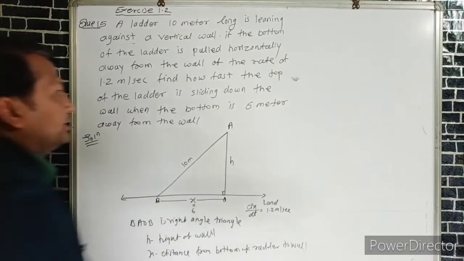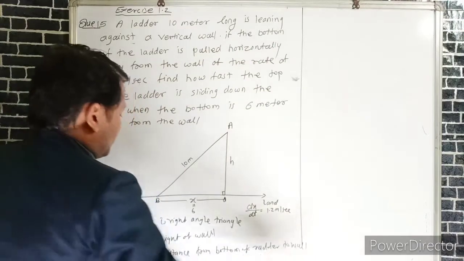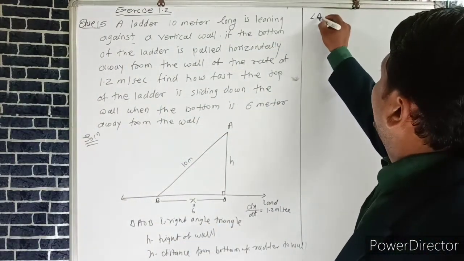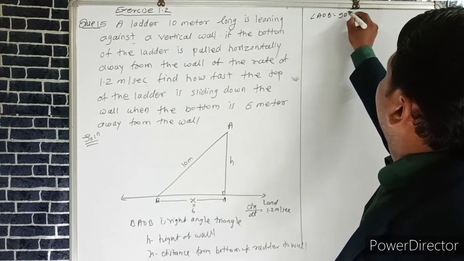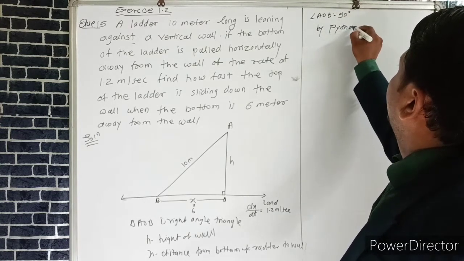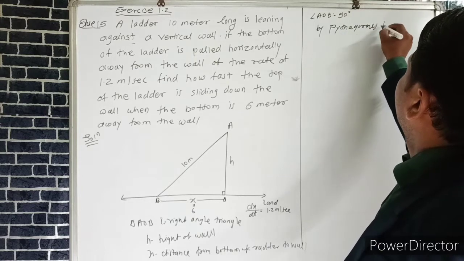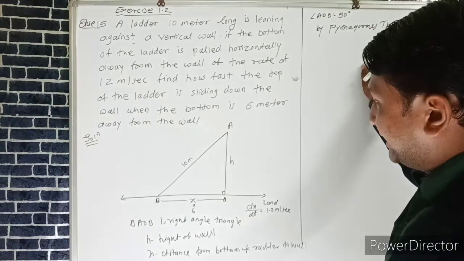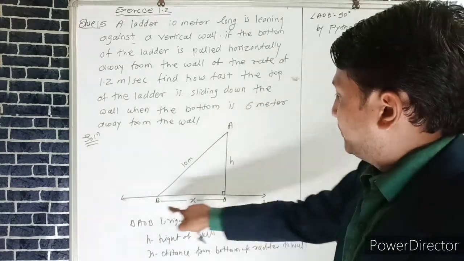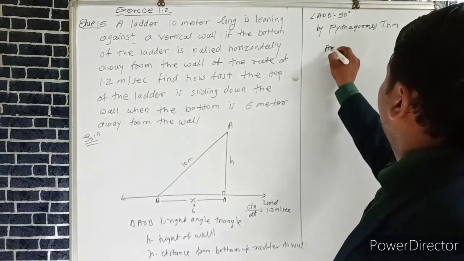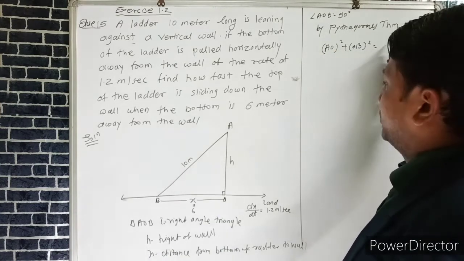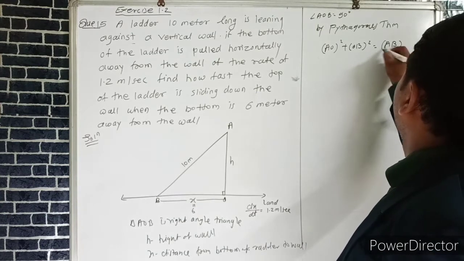Again, in the right angle triangle AOB, angle AOB is 90 degree. Therefore, by Pythagoras theorem, AO square plus OB square is equals to AB square.